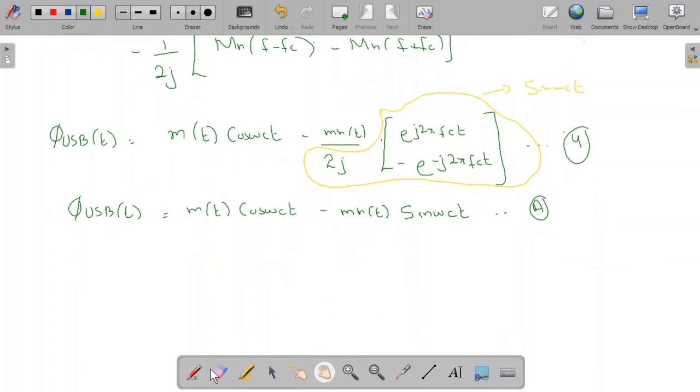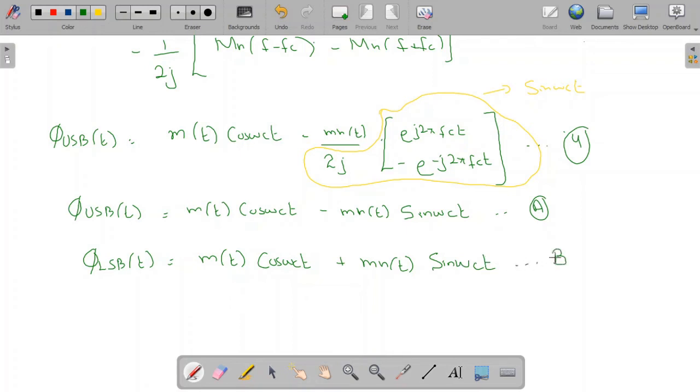And similarly for the lower side band, you are going to get m of t cosine omega ct, and in that case we are going to have a plus sign over here, and this will be again m h of t, where m h of t is the Hilbert transform of the message signal. This will be sine omega ct.